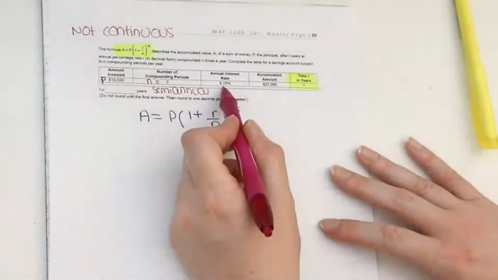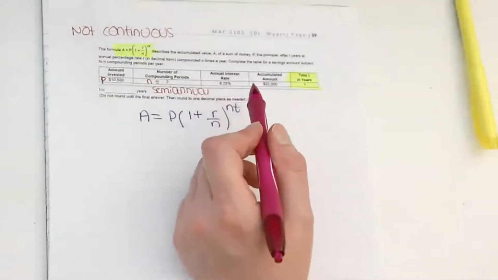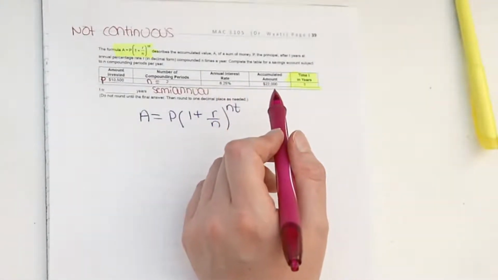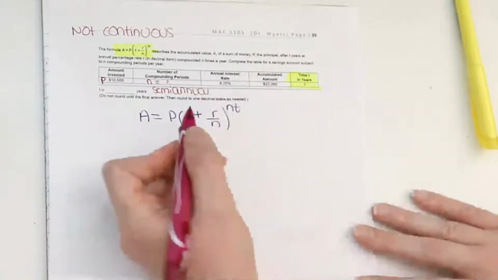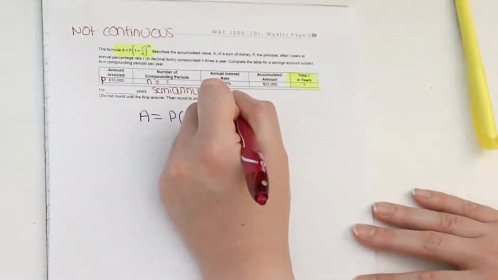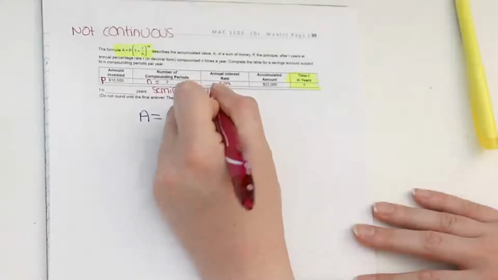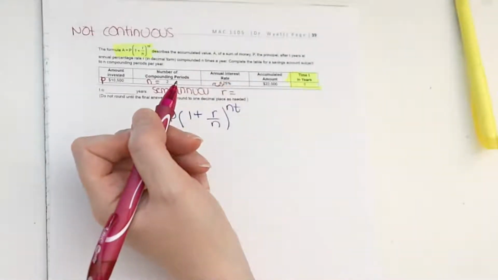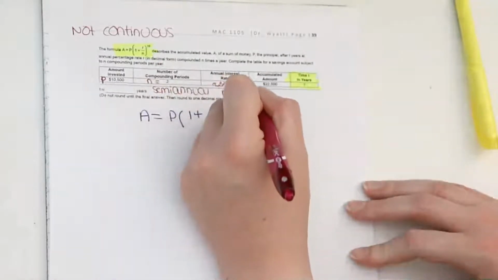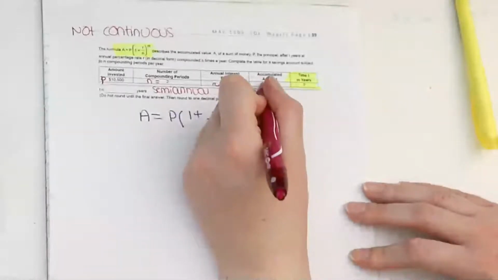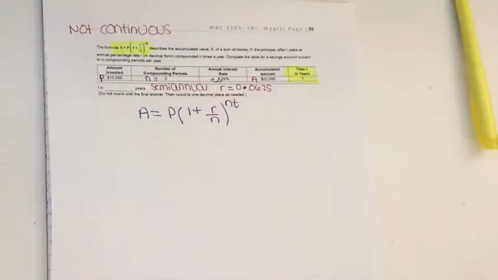And then your interest rate, remember that with interest rate, we always have to move the decimal 2 places to the left. So you'll move this 2 decimal places to the left, and you'll come up with your interest rate as 0.0625. Okay? And then your accumulated amount is your A value. So the first step for this question is just going to be to plug in those variable quantities that we have.